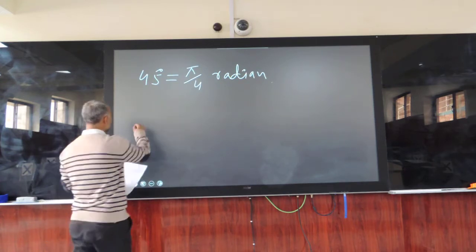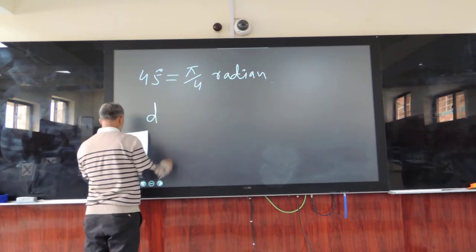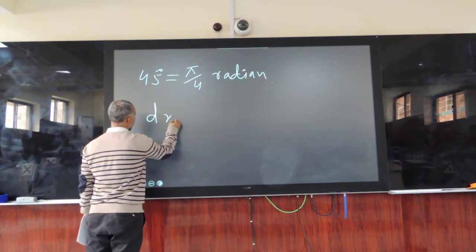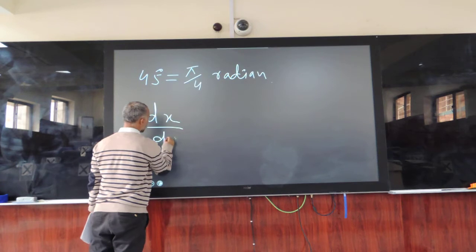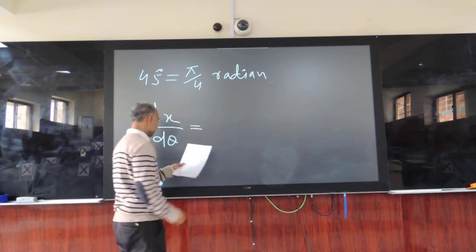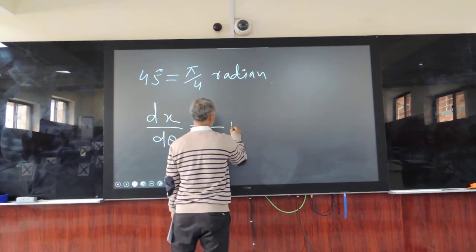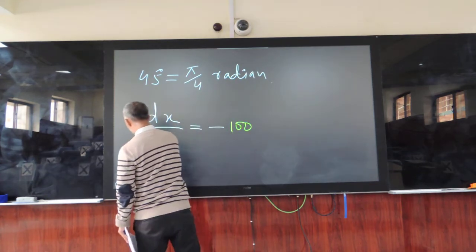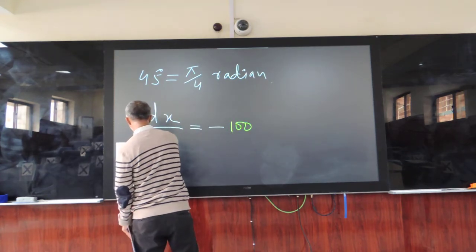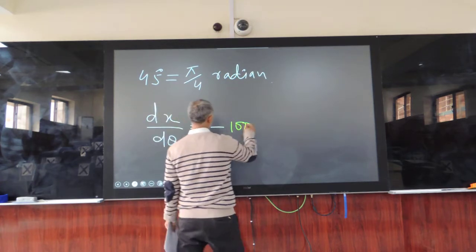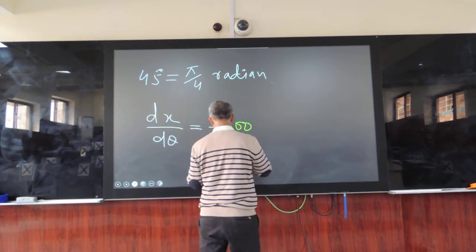So in our basic equation, dx over d theta, we can say minus 100, where 100 is a constant value of height, times cosecant square theta.